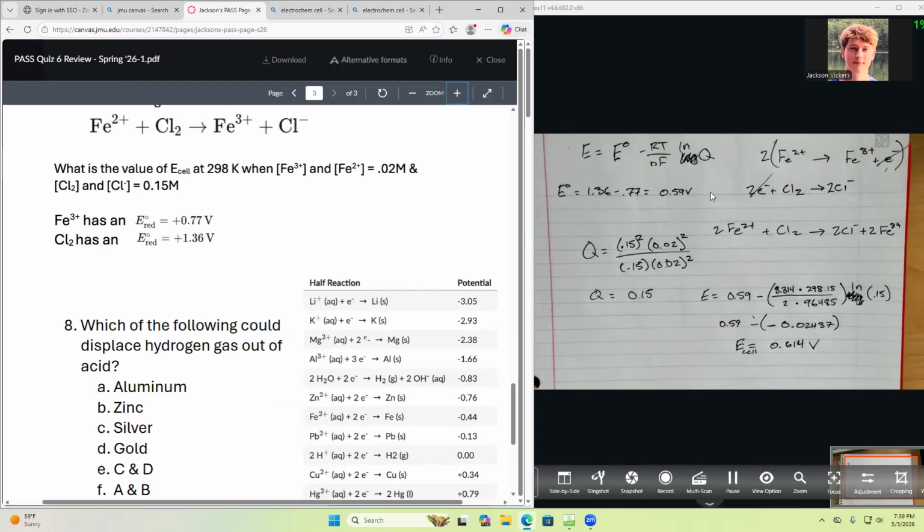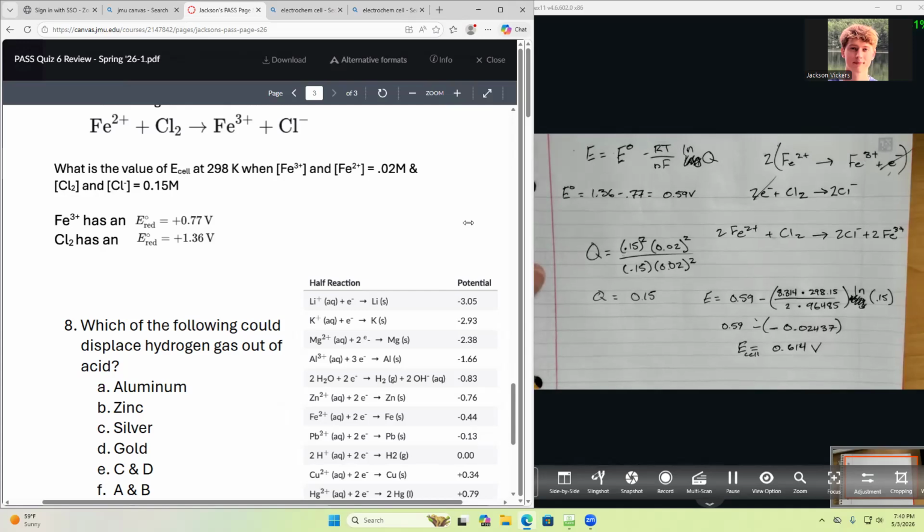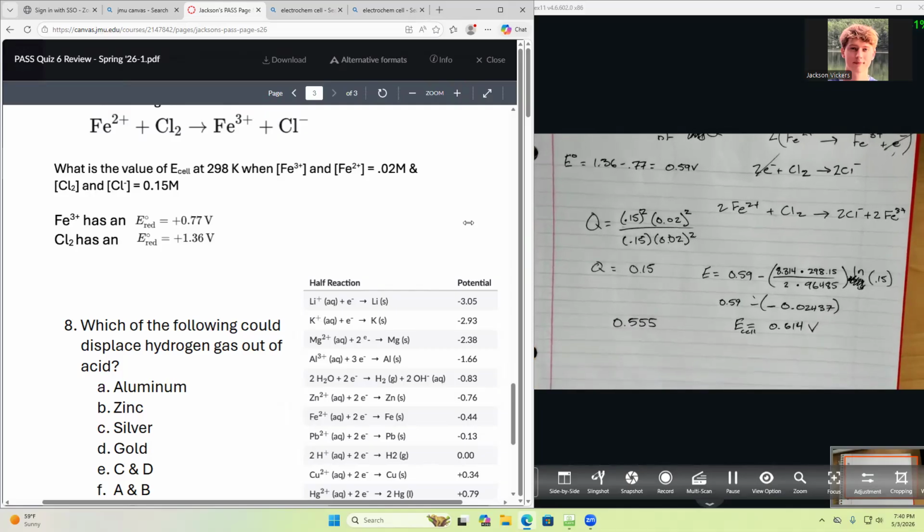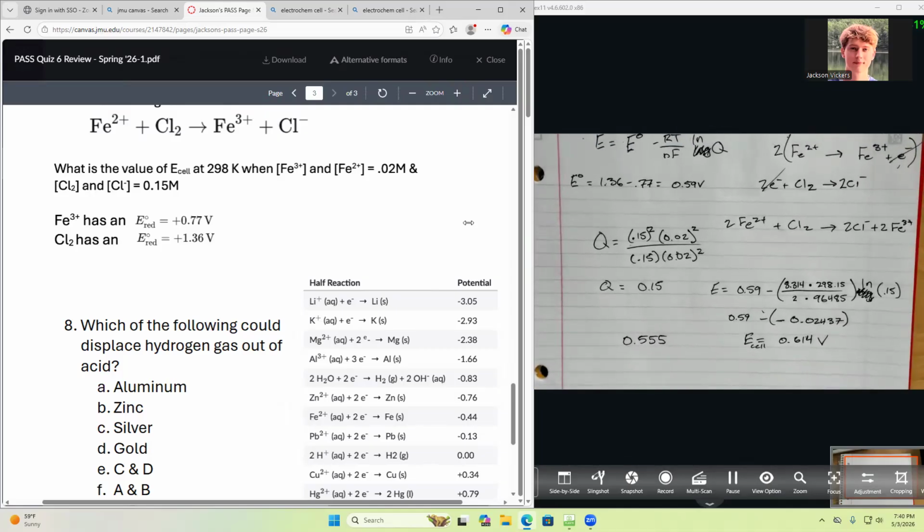Cool. So, 0.555. I don't want to confuse you guys a whole lot with this stuff. It's possible, if the answer they're looking for is E cell, because you're not going to see an E cell that's like times 10 to the something.